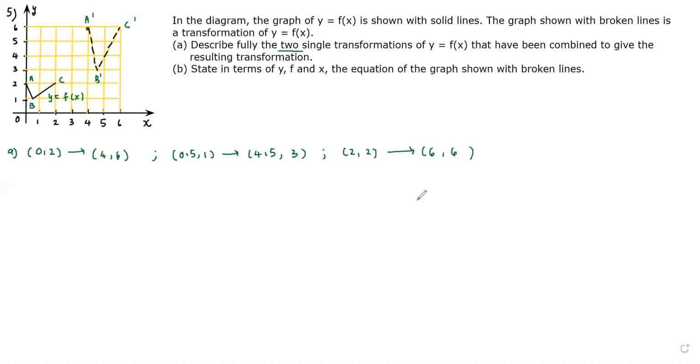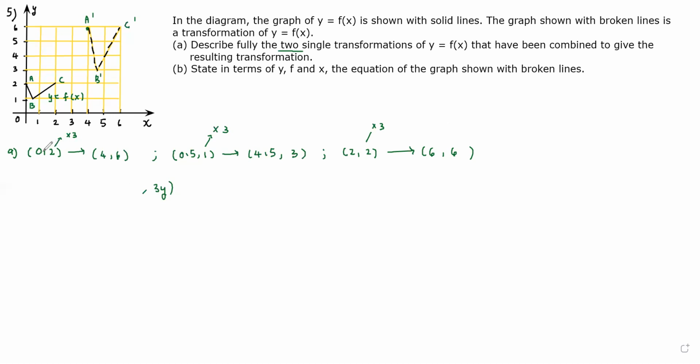Let's look at the y coordinates. From 2 to 6, 1 to 3, and 2 to 6. So this means that you multiply the y coordinate by 3 to get the image of the y coordinate. That means we have 3y for the transformation of the y coordinates.